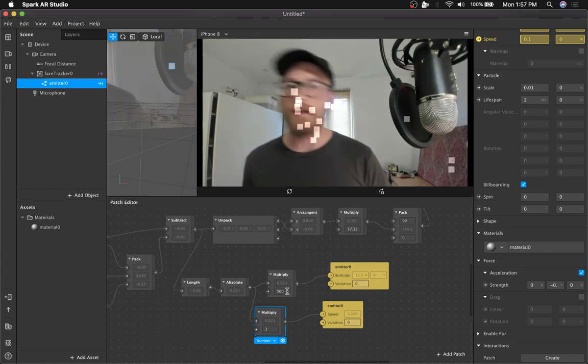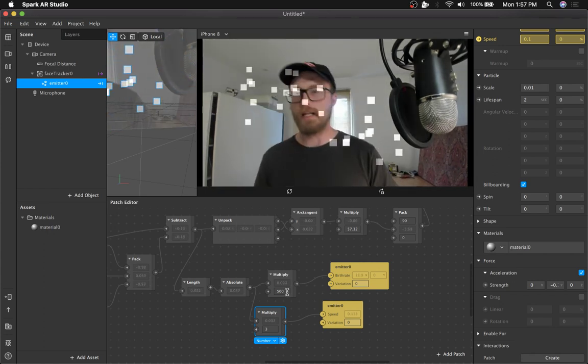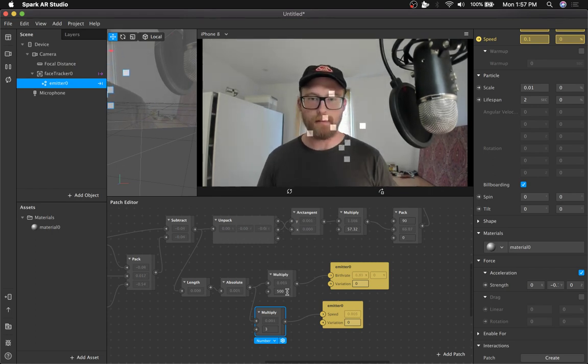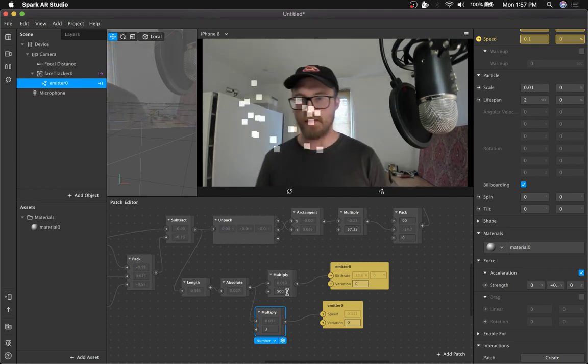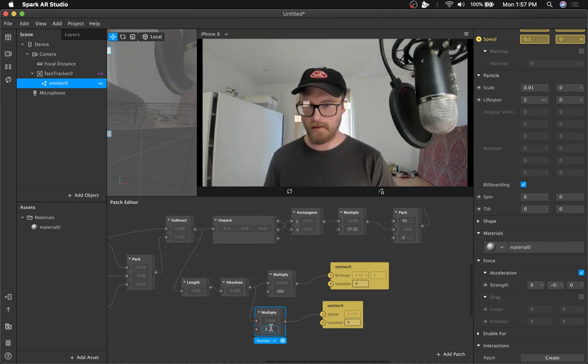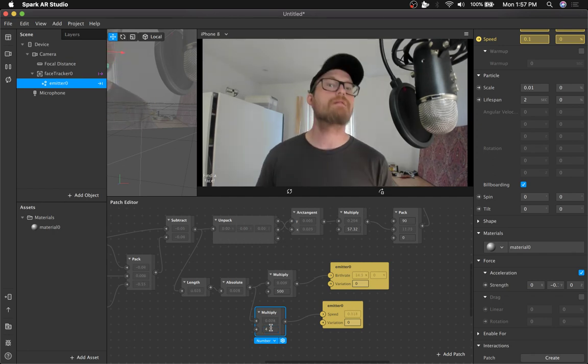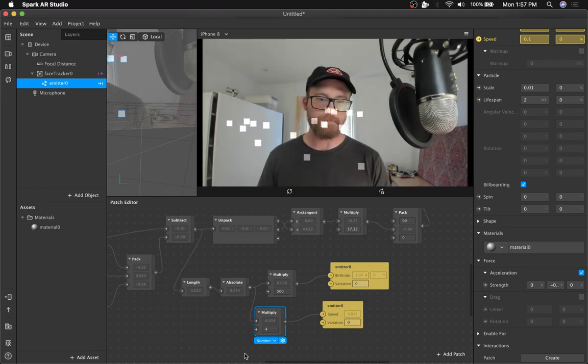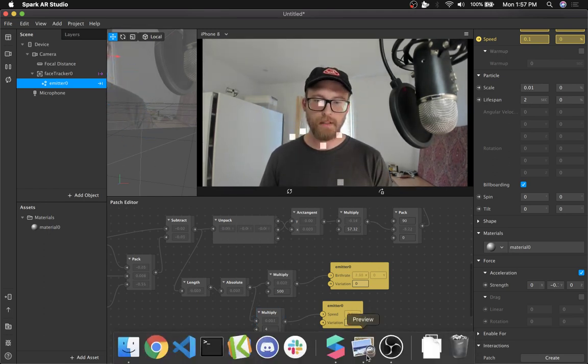So you can see the faster I move my head, the more apparent momentum gets transferred to the particle. I think that really helps a lot in making it feel like a natural thing that exists in physical space. What else?